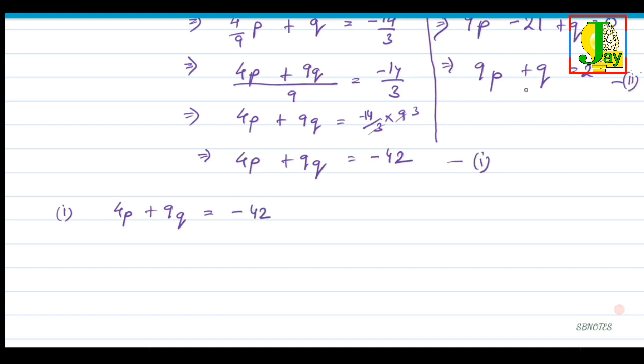Now for the second one, we'll try to make the q part equal to this, so we are going to multiply with 9. So the second one into 9, we get 81p plus 9q equals 9 into 21, which is 189.